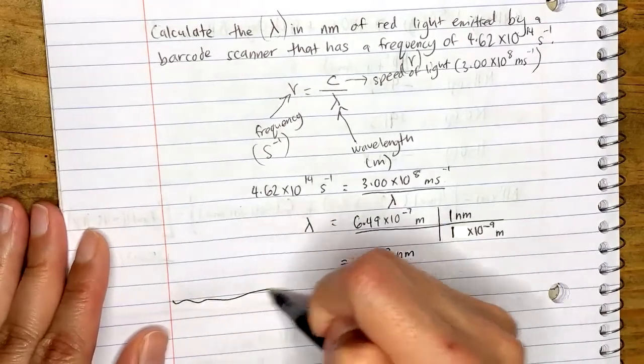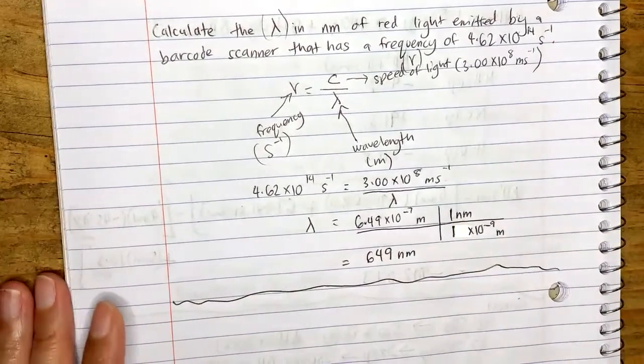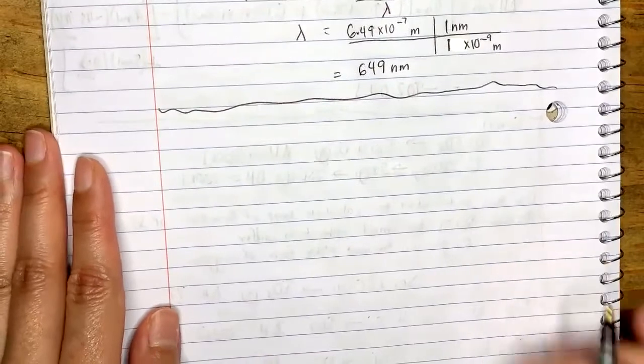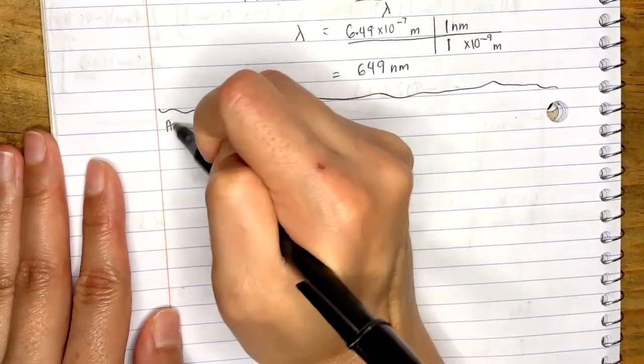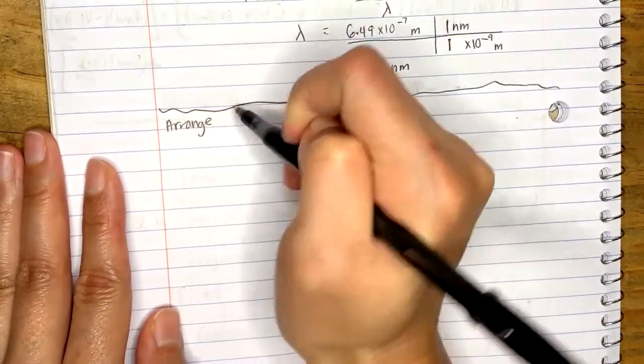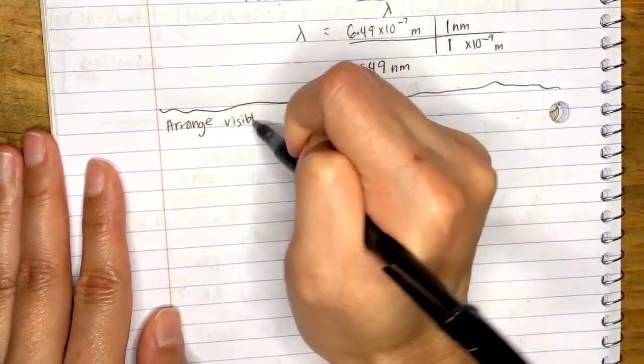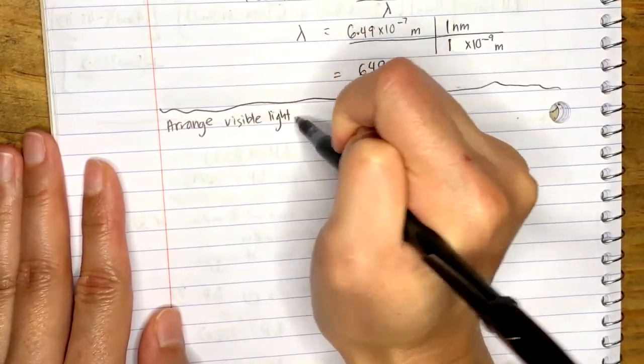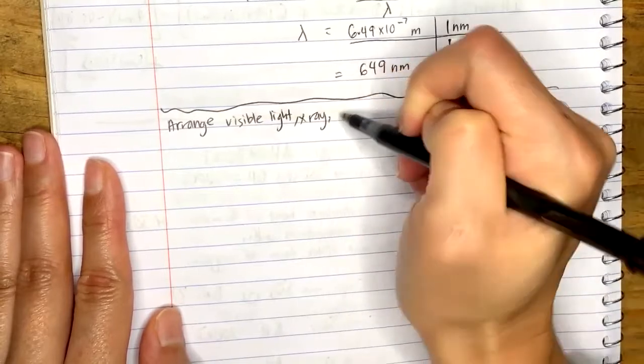Now, the next question I have for you has to do with the electromagnetic spectrum. It says here, arrange visible light, X-ray, and microwave.